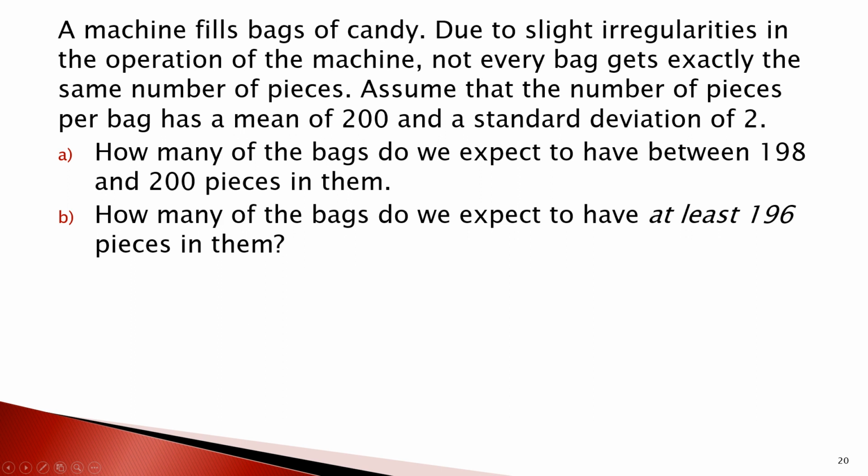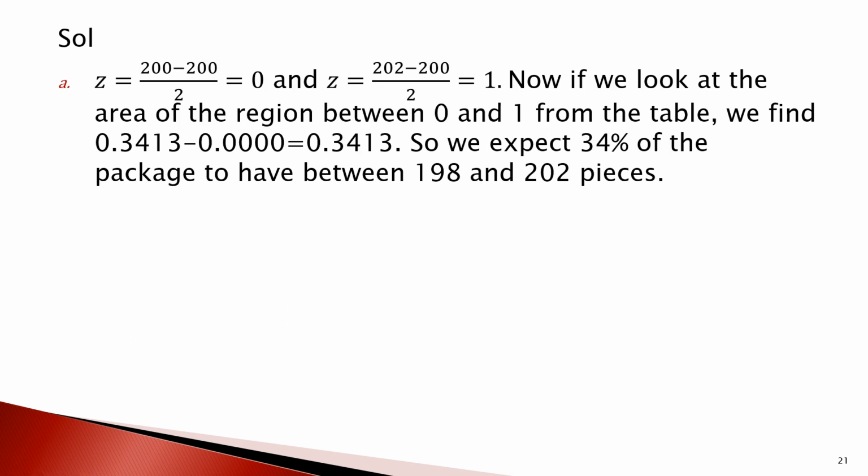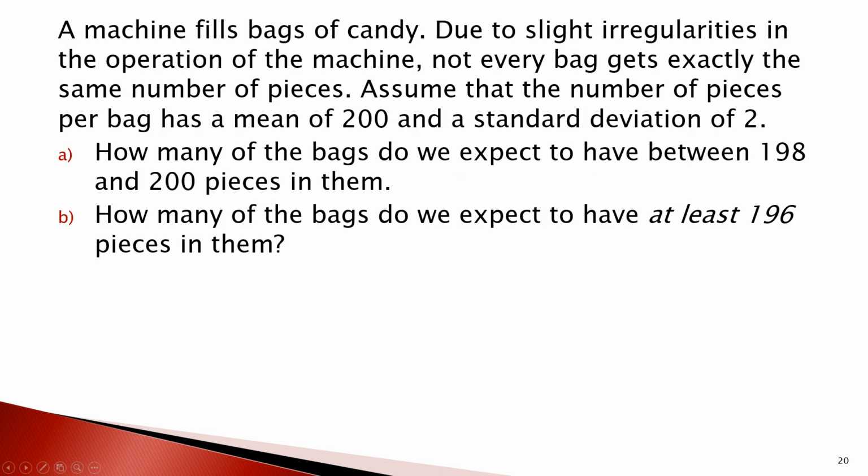We are going to convert them to z-scores. Let's do that. For 200, the z-score is going to be 0, and we know that should be 0, right? Because if we are on the mean, the z-score is always 0. For 202, the z-score is going to be 1. Now, what was the question?